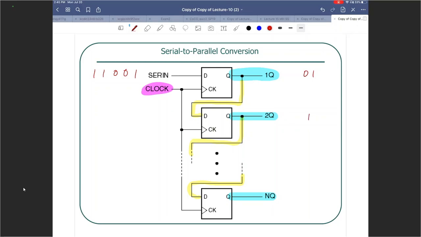After the third positive edge, 1Q will be 0, 2Q will be 0, 3Q will be 1. But eventually, you will have all those 5 bits available as a serial out over here, but also available in a parallel manner over here.